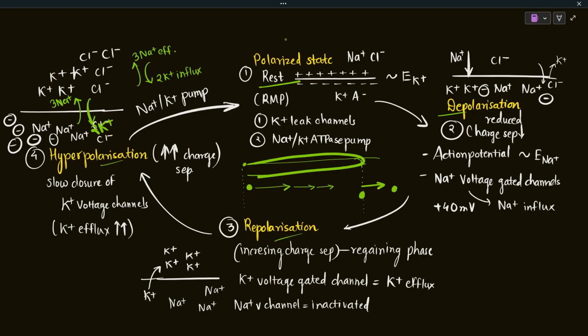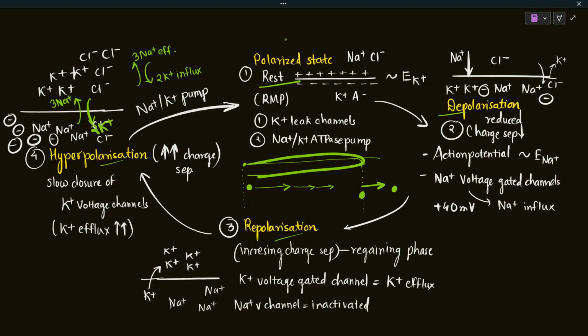So in the neurons, let's say this is minus 90 millivolt, so the cell is at rest. Due to a sudden stimulus, there will be a spike in the membrane potential, so it will reach up to plus 40, and then it should come back.